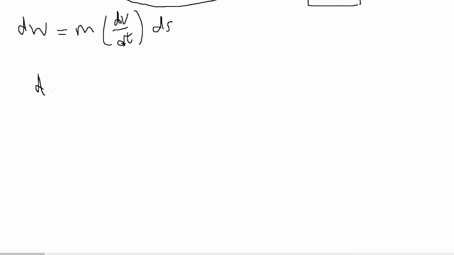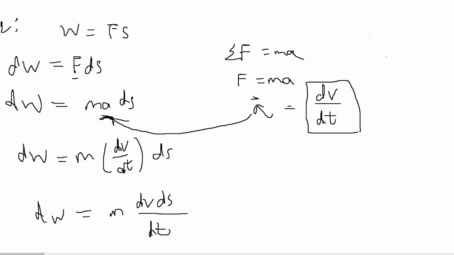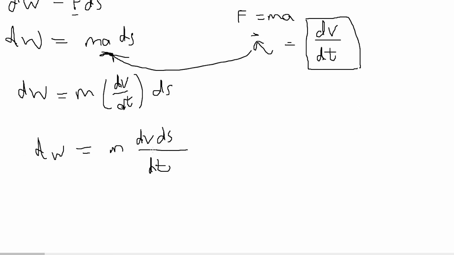So now you have dW is equivalent to, and I can just bring this ds up onto the numerator. I don't have to do it with the mass because it's a different thing. So dv ds all over dt. We said that dv/dt is acceleration, and the whole reason we did this was so that we could keep that, so we're not going to change that.